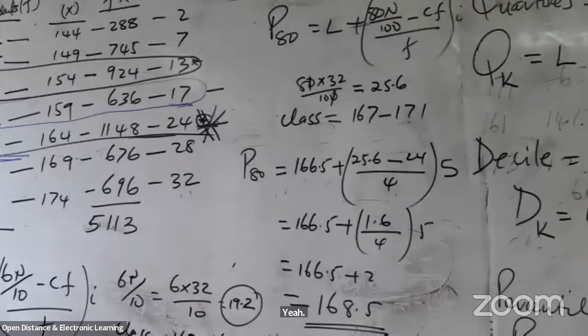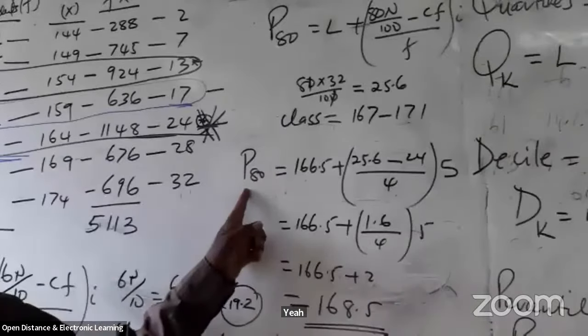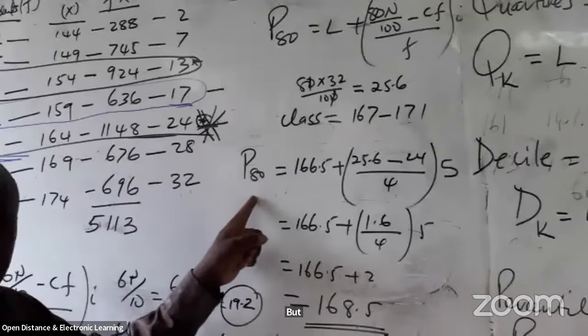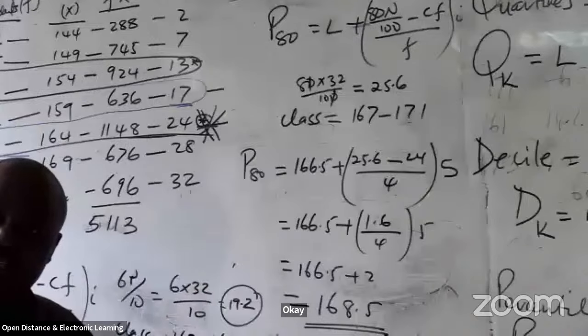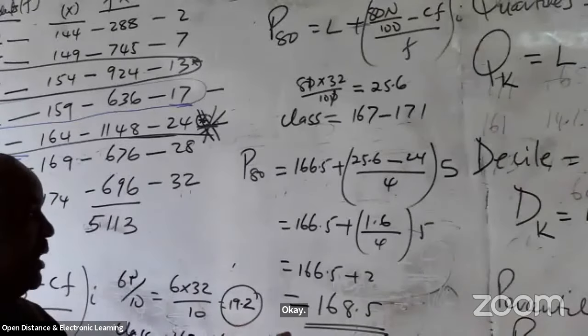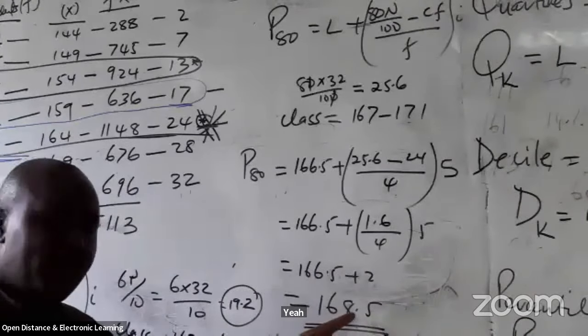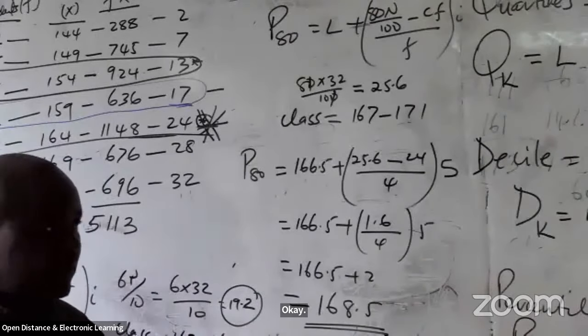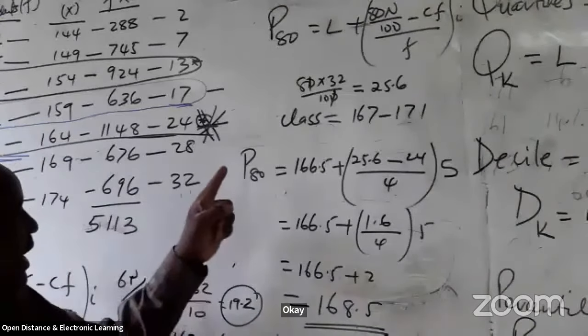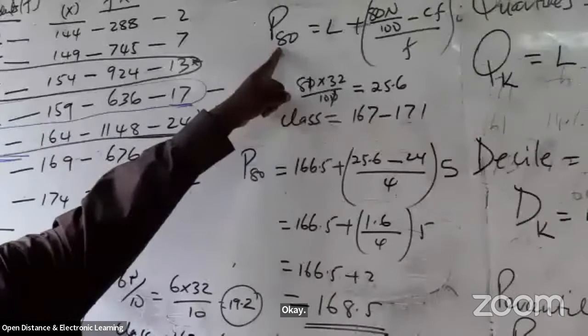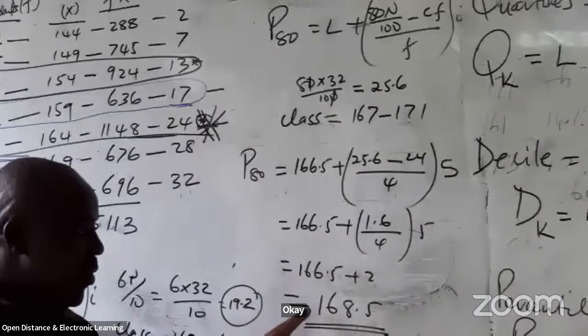That will be equal to 168.5. So 80%, because it's percentile, 80% of the students are below 168.5 centimeters. The interpretation is key.